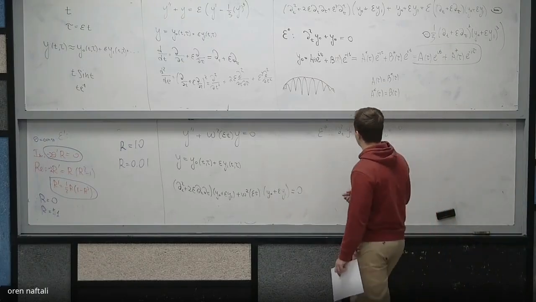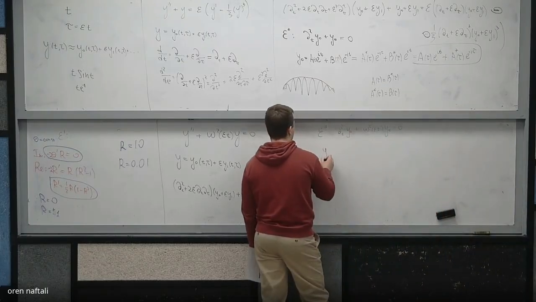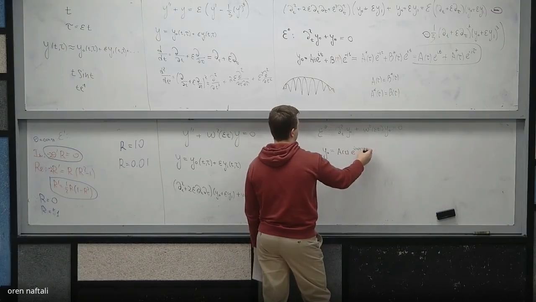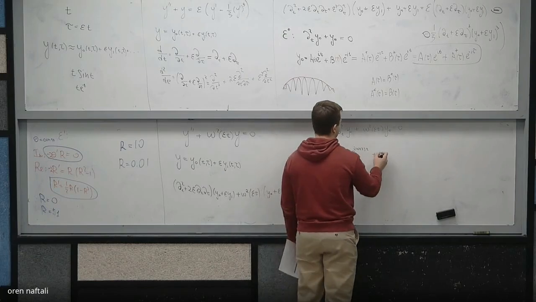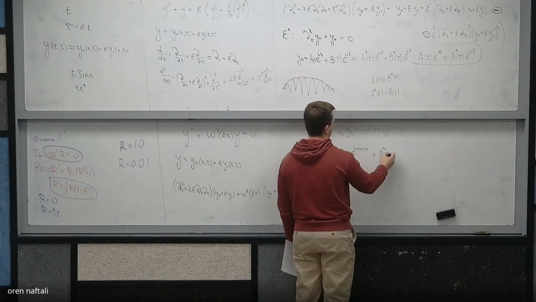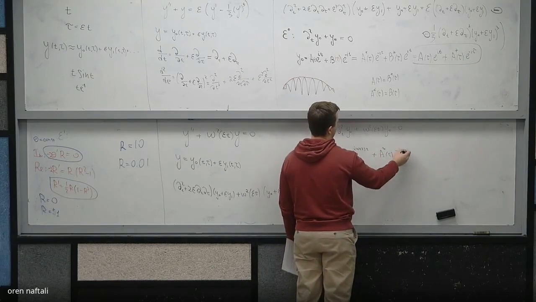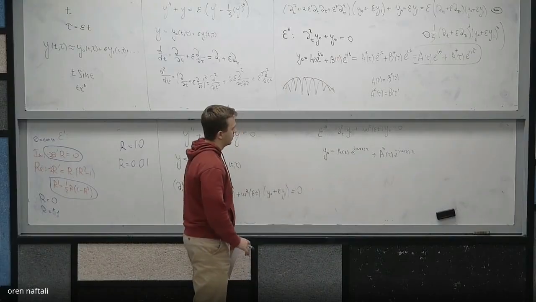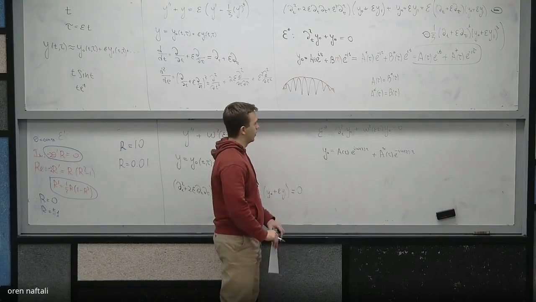So you may think that the best option to write the solution is this, right? So a of tau times e to the i omega of tau t plus a star of tau e to the minus i omega of tau times t. But in this case, it is wrong. Why?